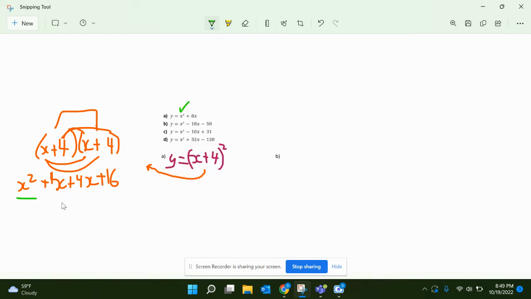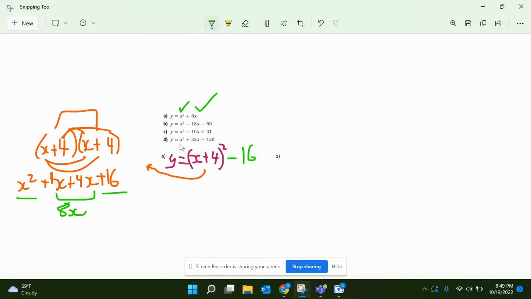I've got an x squared. 4x plus 4x, of course, that's 8x. And I have one of those 8x's. I don't have a plus 16. So what I'm going to do here is say minus 16 just to make sure that everything's algebraically true. We haven't broken any math laws here. We should be good.